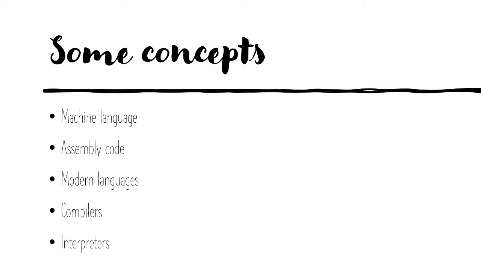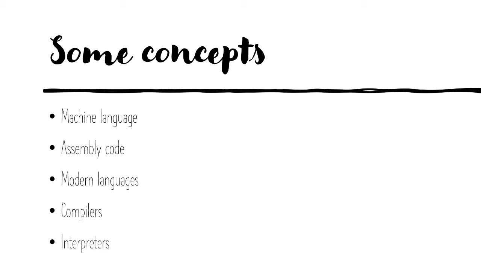So here comes the concept of modern languages. There are many categories of modern languages, but I just want to describe them with a single term, modern languages, or high level languages. Higher level languages are much closer to human language. It's like saying, print hello world, or add two numbers.